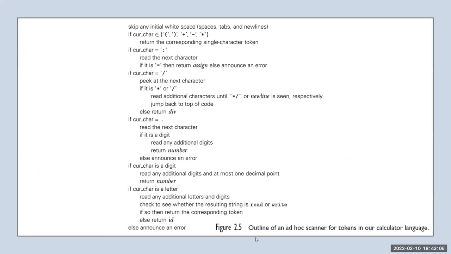So here, Figure 2.5 is the so-called ad hoc scanner's pseudocode. Basically, you look into the so-called character, and then determine whether it is the token right away. If not the token right away, you can look at this colon, and then wait for the equal sign. If there's no equal sign, then there's an error.